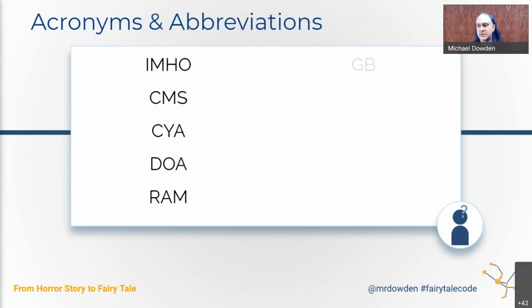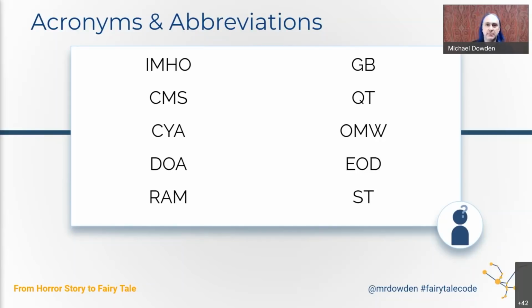All types of different examples where we may or may not know exactly what we mean when we see this out of context. RAM could be memory. It could be an animal. Do we have the context? Is it all uppercase? Is it mixed case? My personal favorite, though, is ST. This can mean stanza, but it can also mean street, straight, saint, Star Trek.